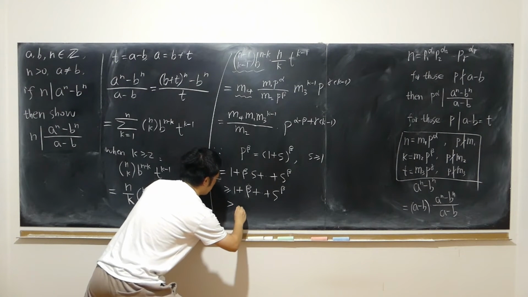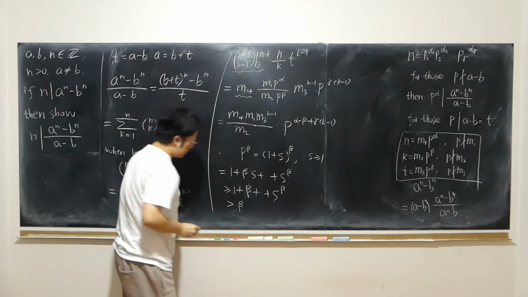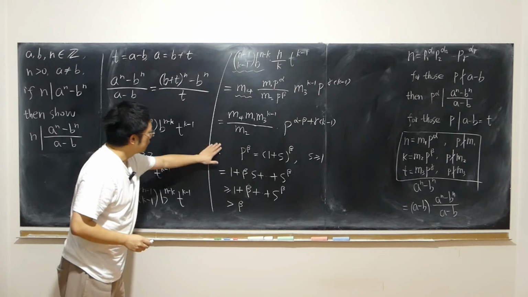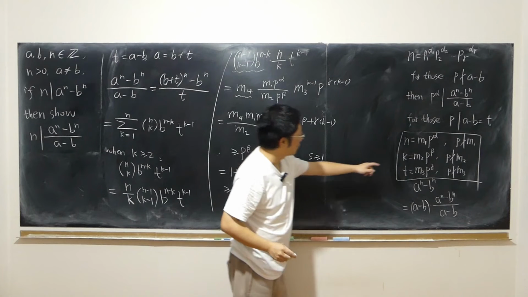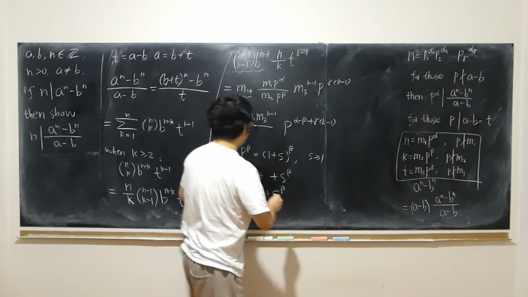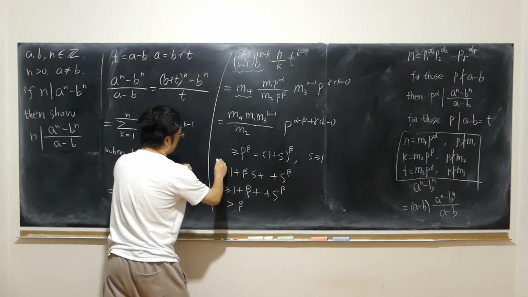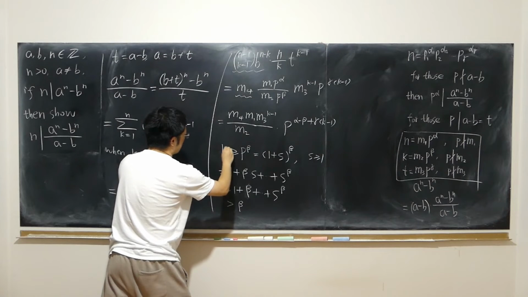Strictly greater than beta. And also, p to the beta is just part of k, so it's no larger than k, right?